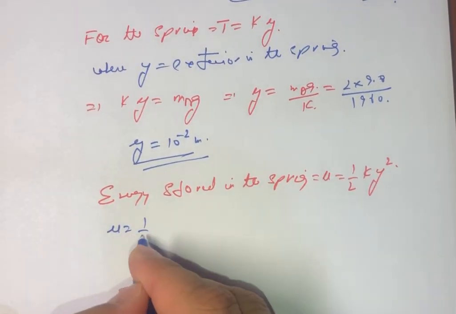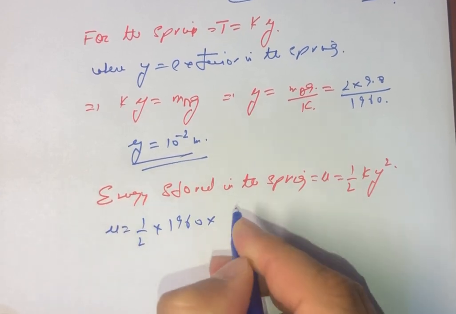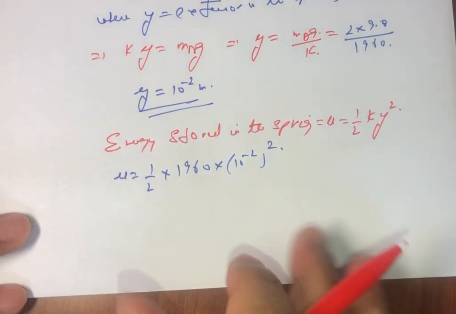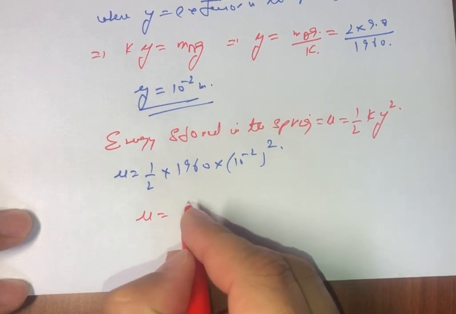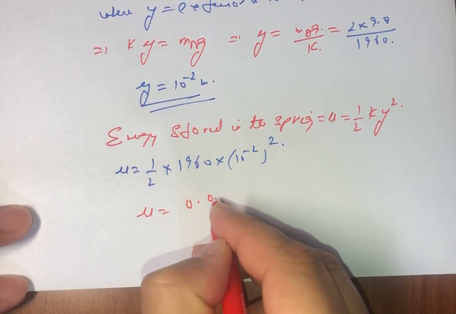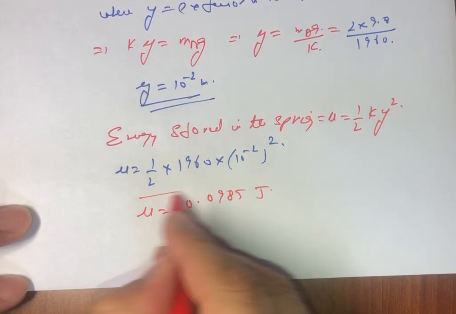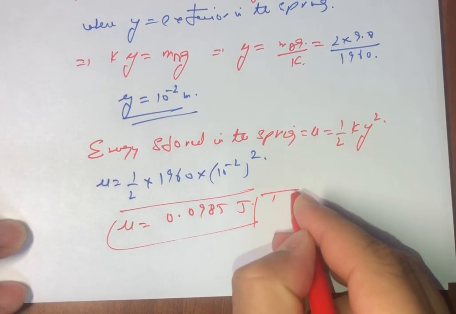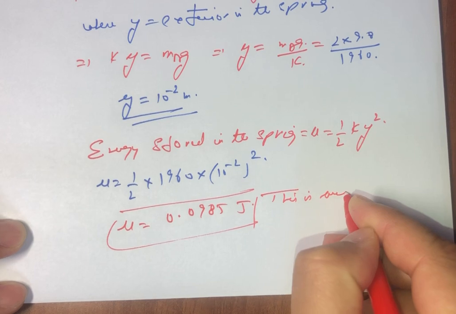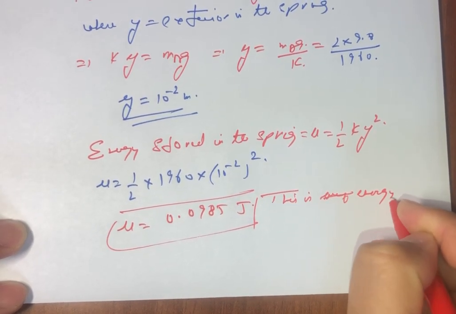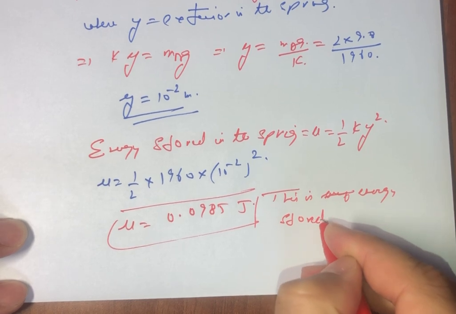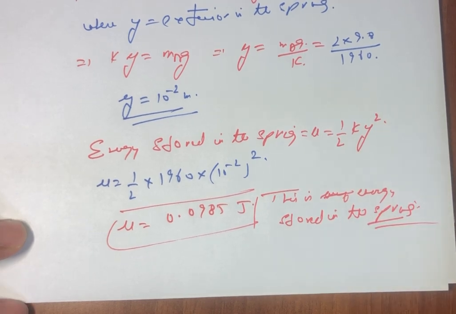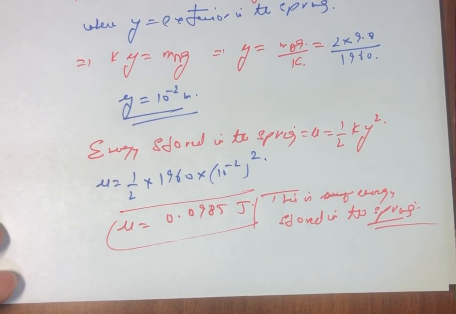U is equal to half, K is 1960, 10^-2 whole squared, and we get U is equal to 0.0985 joules. So this is the energy stored in the spring. So this completes the question. Thank you.